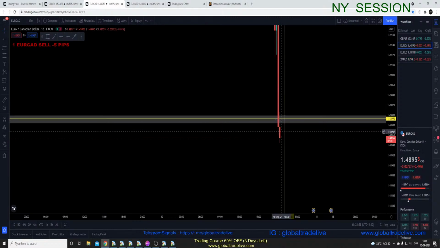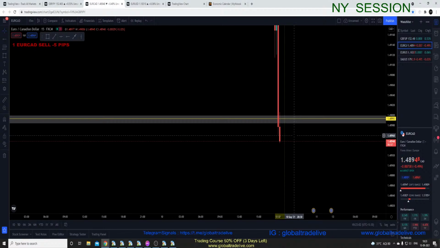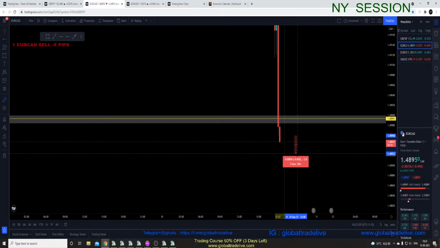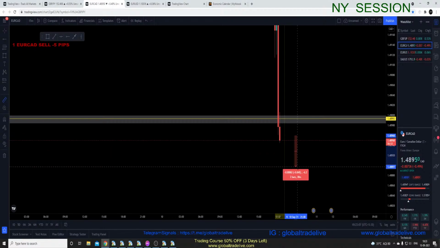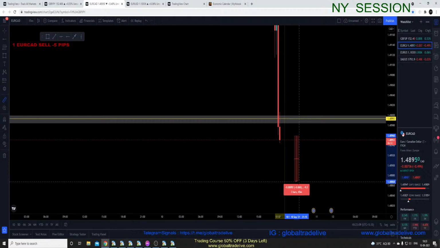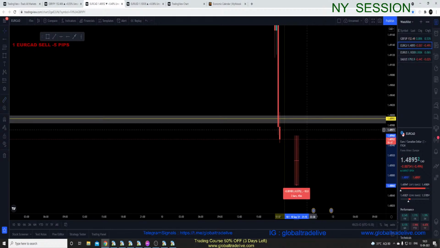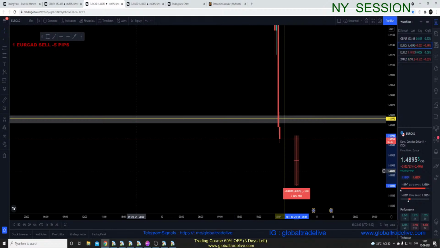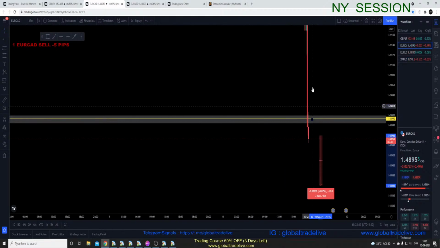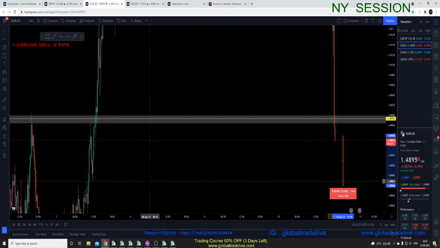Okay, so the 15-minute candle just broke the low of the previous 15-minute candle here, and let's see if it can continue to push down more, like 10 pips or not. I don't think it will, but since there was news and there were huge candles over here, I think it can push down to this level.